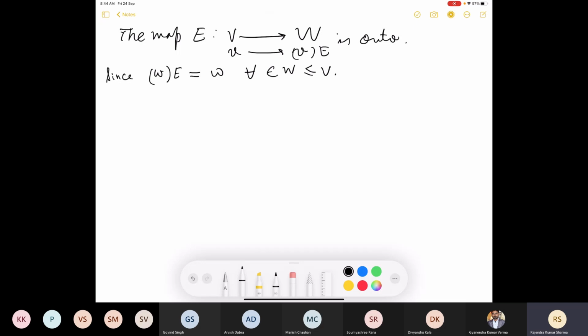And what is the kernel? You can also prove next. The kernel of E is this.